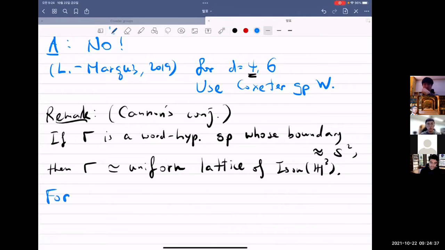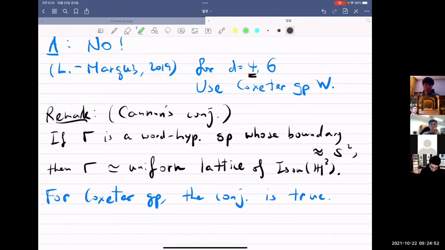For Coxeter groups, the conjecture is true. Okay. So it really makes sense with the dimension from 4, not smaller than 4. Okay. So this is a remark.